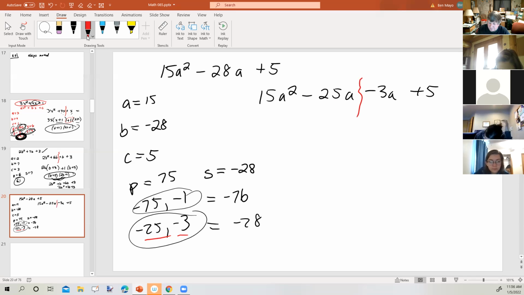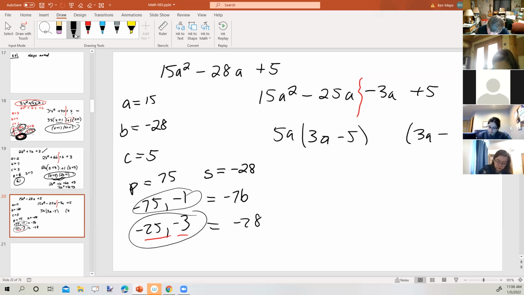Factoring by grouping. Greatest common factor of the first two terms, 5a with a 3a minus 5 left over. So a 3a minus 5 left over. Oh, what's going to go on the outside? It's going to be a -1 in order to get this to end up like this, but this also had to match that, right?